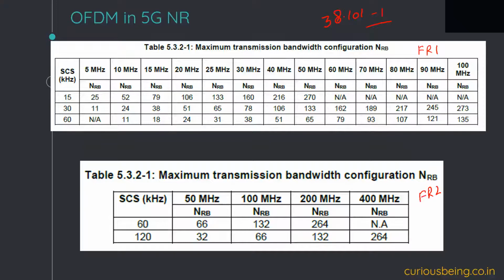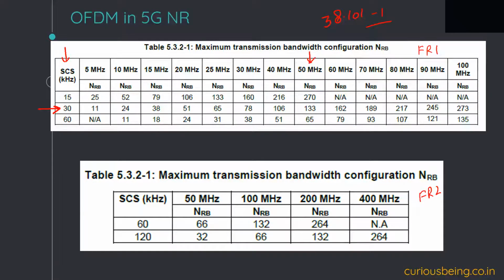Let's pick one bandwidth, 50 megahertz. This is the bandwidth, and we said that in OFDM we have multiple subcarriers, with subcarrier spacing delta F, and we proved our orthogonality equation with the help of delta F. So that delta F is the subcarrier spacing. If you are going to work on 5G NR, having this intuition will obviously help you: how do we read these tables?